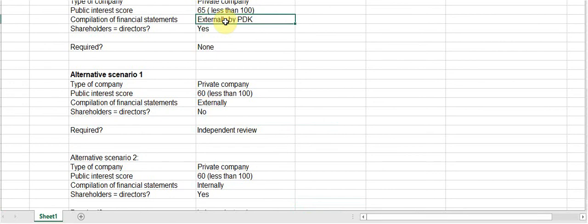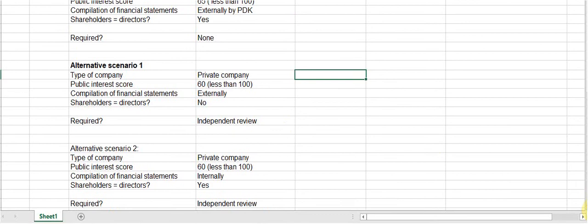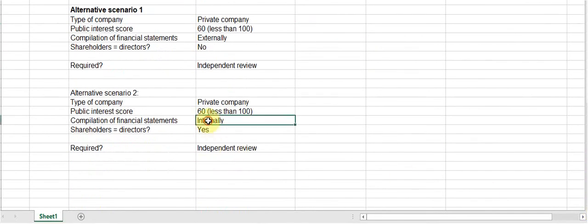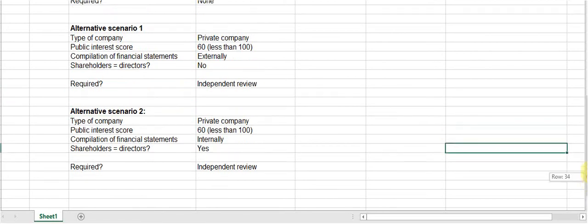So therefore, no double checks were required because there was a lesser chance of fraud. So in this alternative scenario where it is internally generated, it should be independently reviewed as well. So that is just something else to pay attention to.